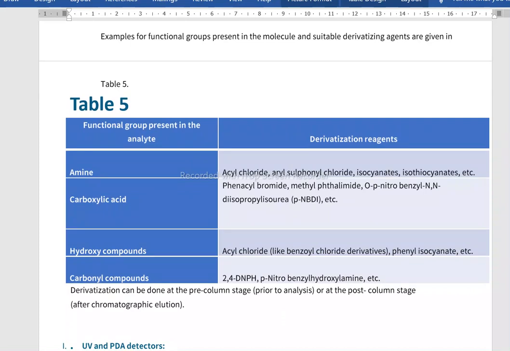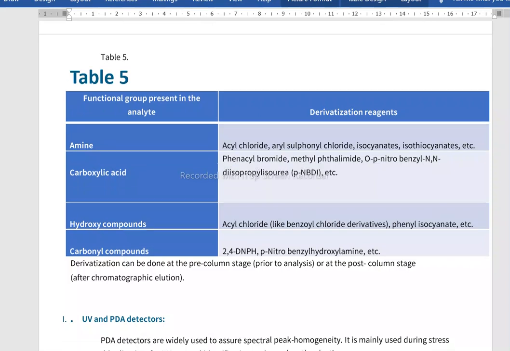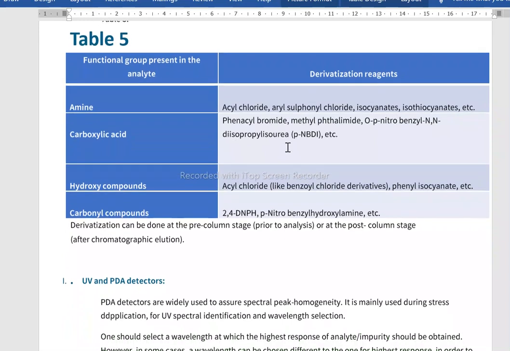Carbonyl compound. If your analyte has a carbonyl group, then you will use 2,4-DNPH, p-nitrobenzyl hydroxylamine, etc. According to me, maximum analytes present a carbonyl group in them. So 2,4-DNP and acyl chloride are the best derivatizing agents, normally found in the laboratory.